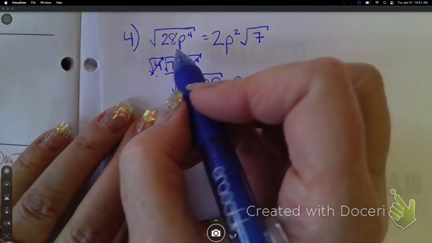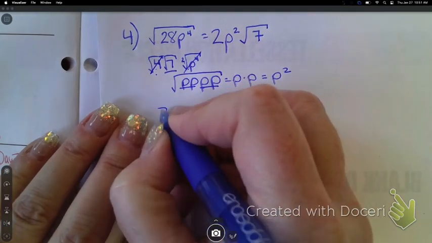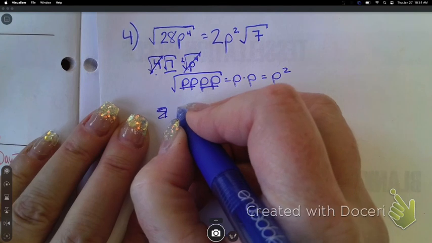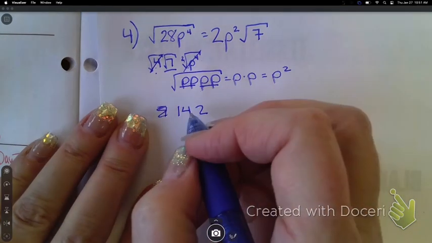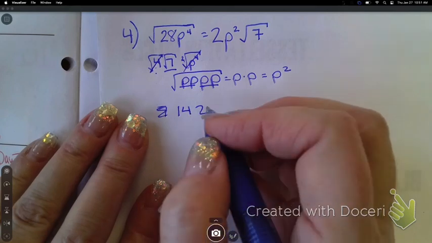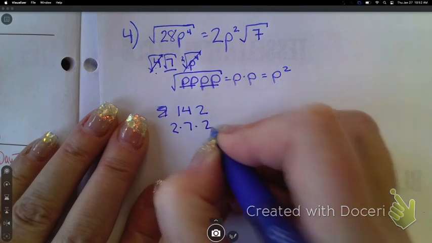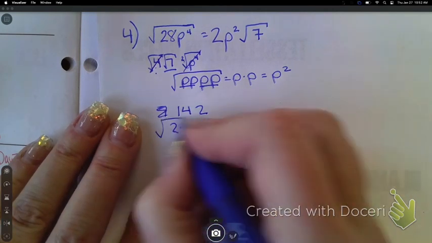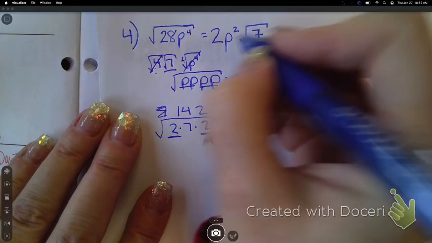Okay, so now, Henry, you did 14 and 2? So 14, you got to keep breaking it down. What is 14 then? 2 and 7. So you have 2 times 7 times 2, yes? So when I take the square root of that, I can bring out a set of what? 2's.